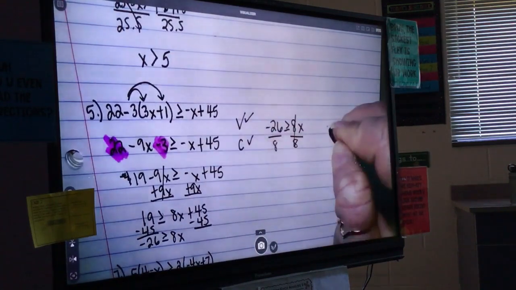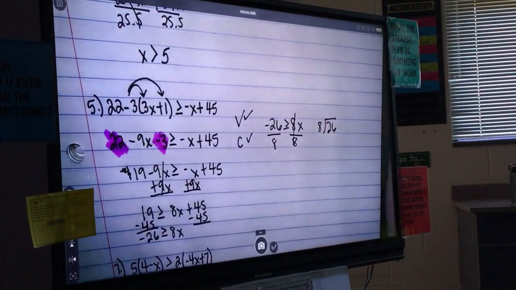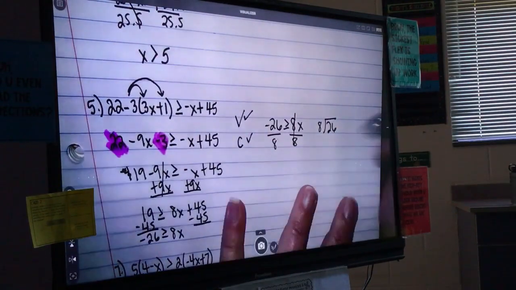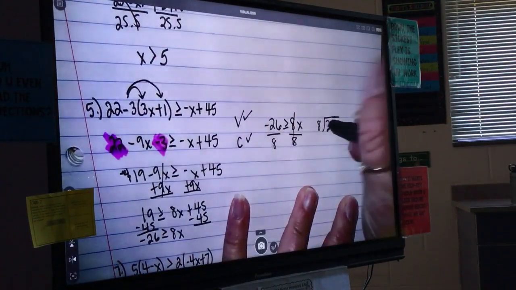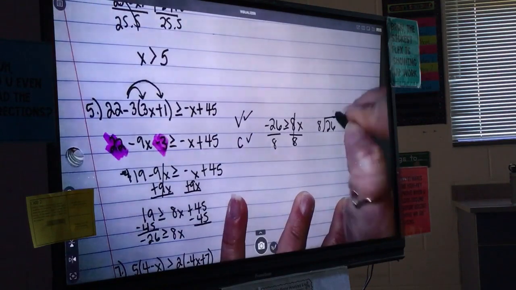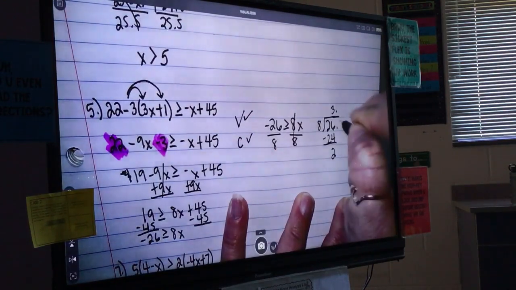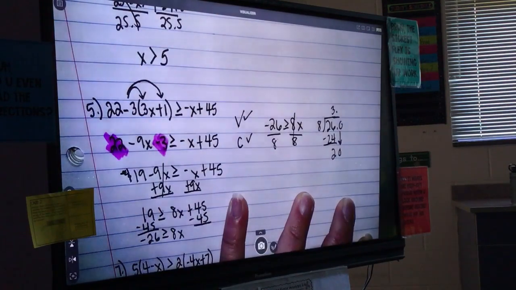So at this point, I just want you to do 26 divided by 8. We already know our answer is going to be a negative, right? Okay, so go through and we're going to solve. Well, what can I multiply 8 by to get close to 26? Ellie? 3. What do I multiply 8 by to get close to 20? 2.